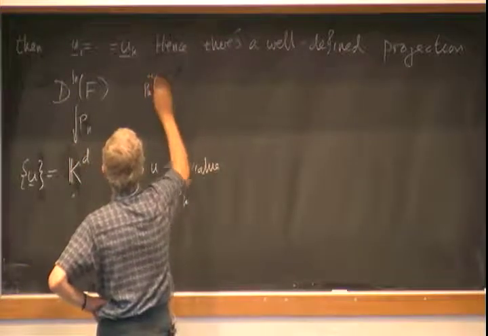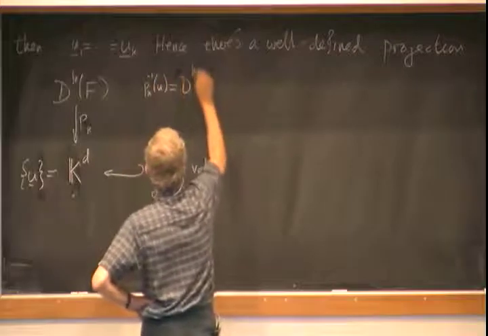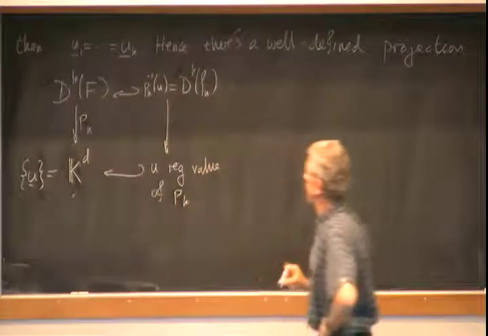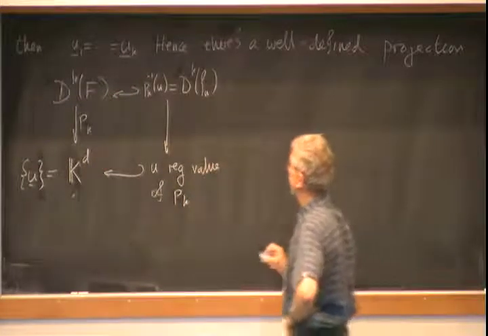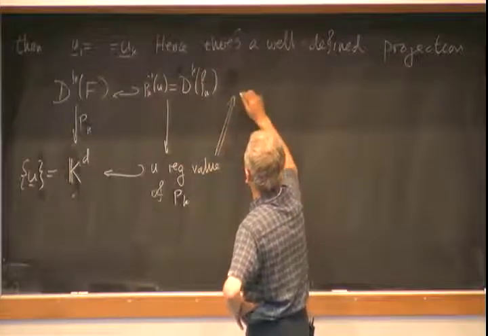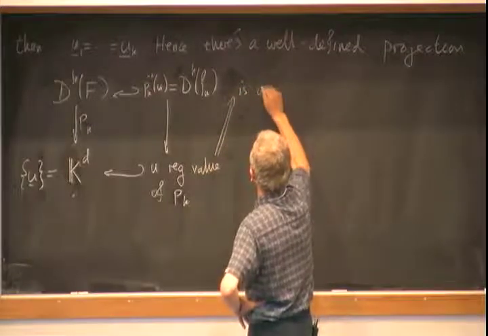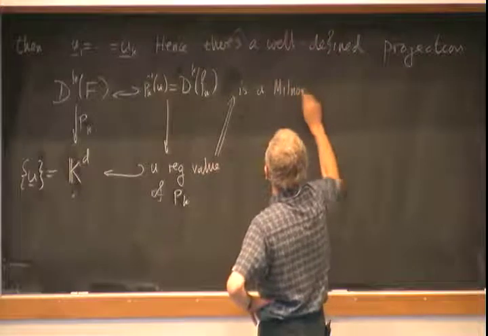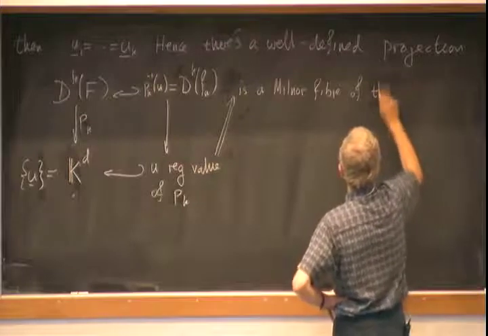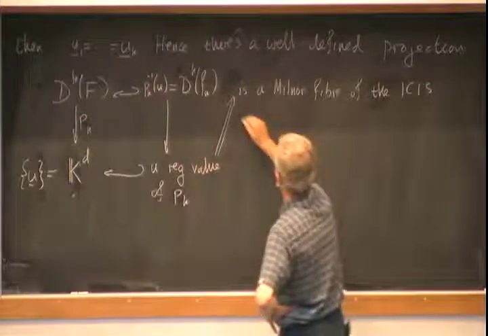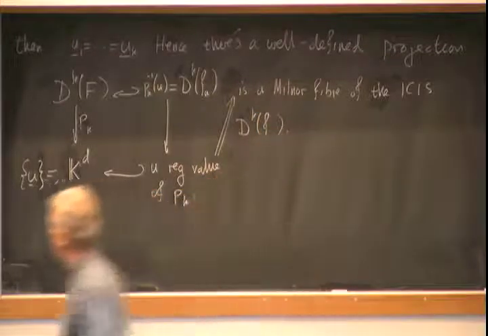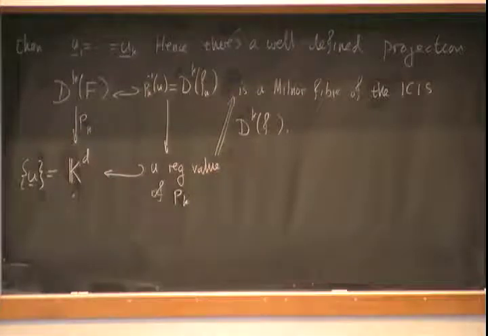p_k inverse of u, which is incidentally D^k of f_u, this implies that this is a Milnor fiber of the isolated complete intersection singularity D^k of F. And that's what we saw.